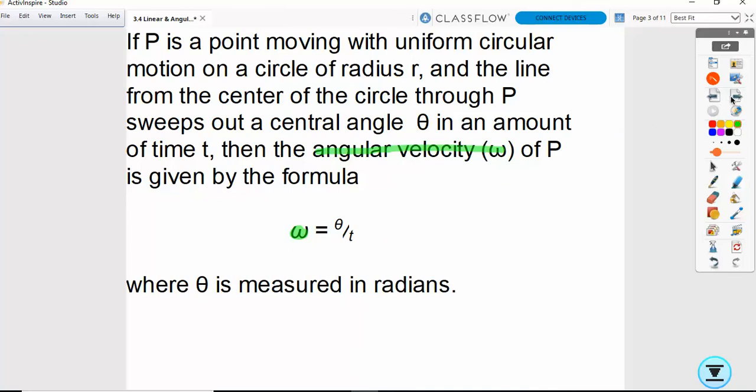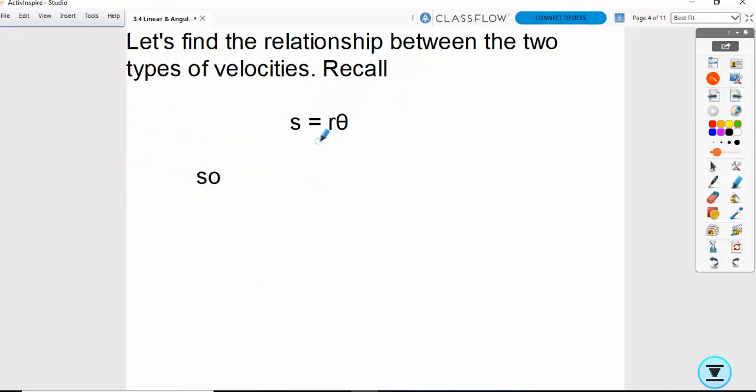We can also go back and forth between these. We've seen this formula S equals r theta before, correct? So if I started with the first formula, I told you that linear velocity is arc length divided by time. But arc length is r times theta.